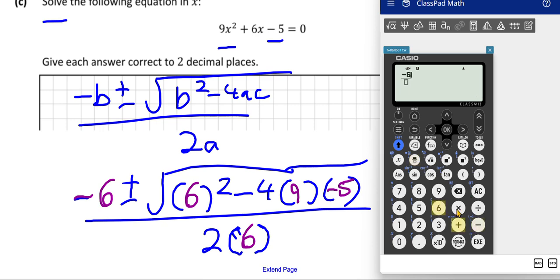Minus 6 plus 6 squared. That's 4. Yeah, it's a minus 6. I think you probably put plus 6 in, did you?